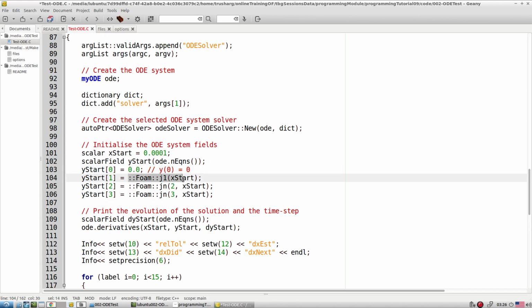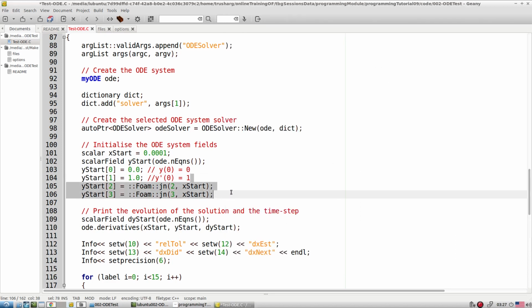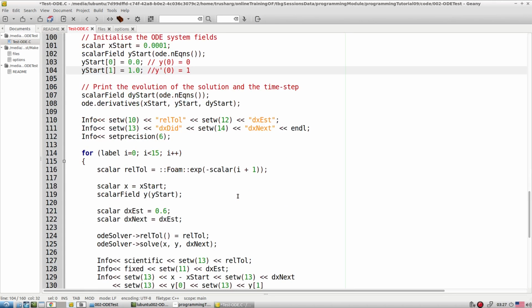And this is equal to 1. So what does it mean? It means that y dash 0 equal to 1. That's it, that is available here. Okay, so that is what we adapted. This is not required. So I think that's it.